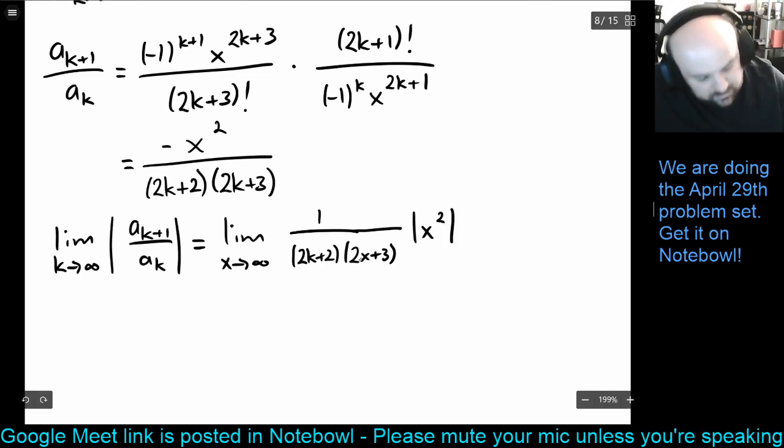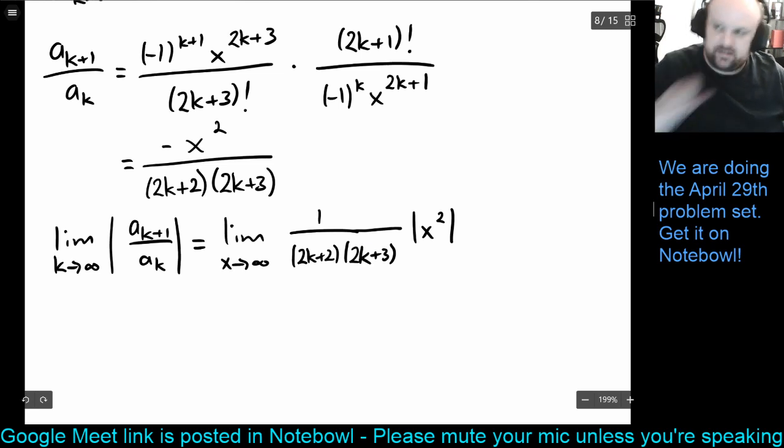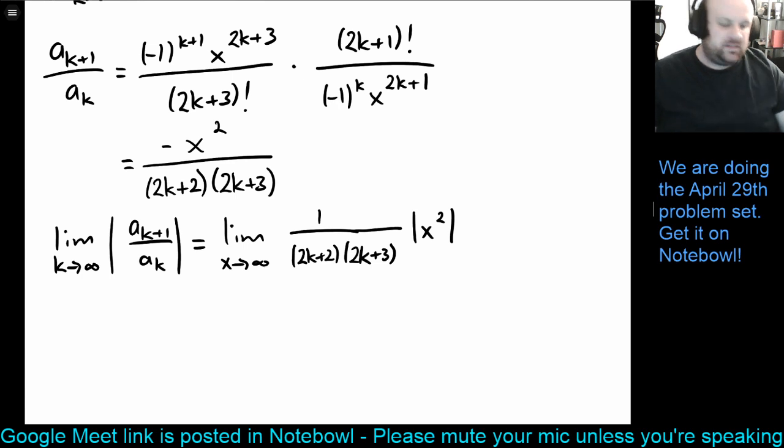Oops, I wrote 2x, 2k. What is this limit going to be? What do you think? And I know that that absolute value of x is a little redundant, but it's a good idea to keep it for these types of problems.